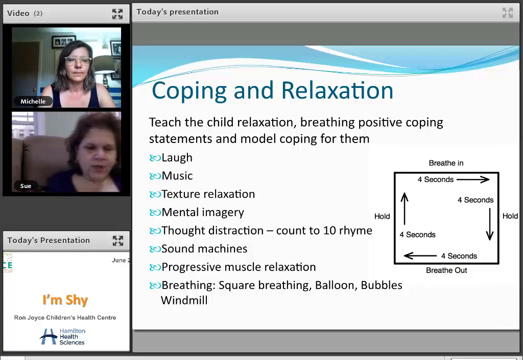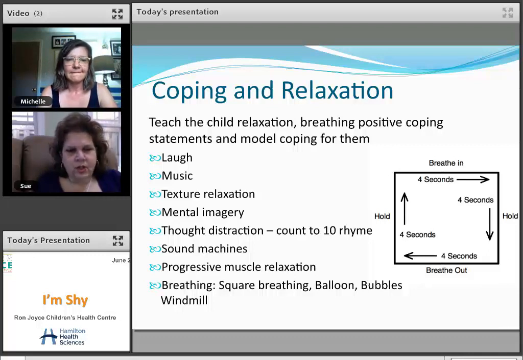So part of this too is teaching your kids how to calm themselves down and how to promote a sense of relaxation. And again, when we're thinking about anxiety as a component of this, they're constantly on alert all the time, right?